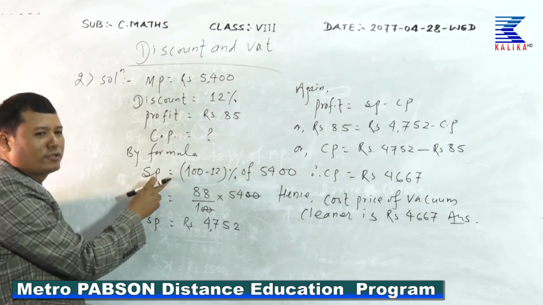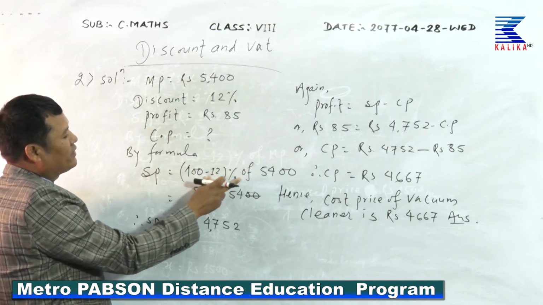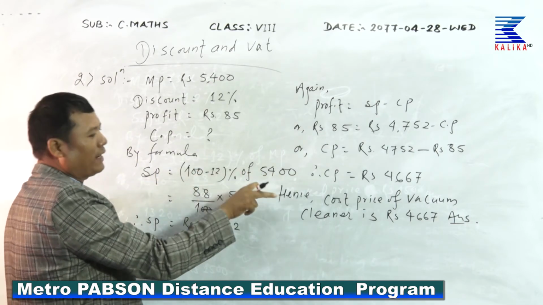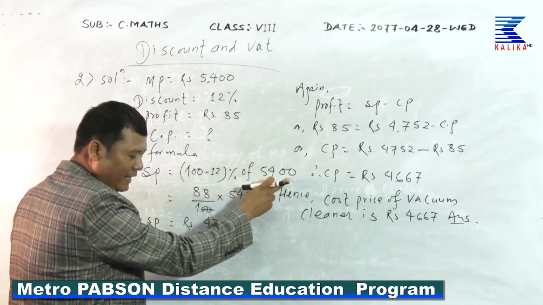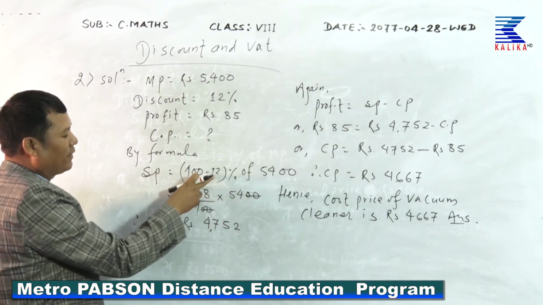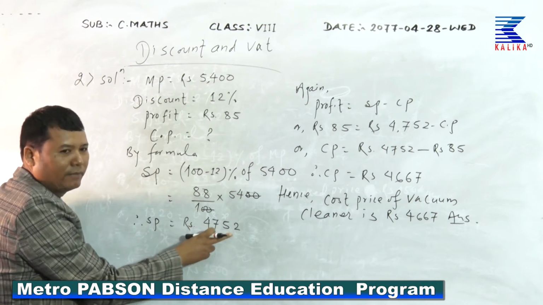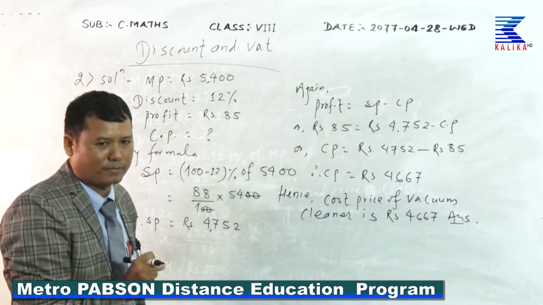Selling price is equal to 100 minus 12% of 5400. If the market price is 5400 and discount is 12%, the selling price is 4752.